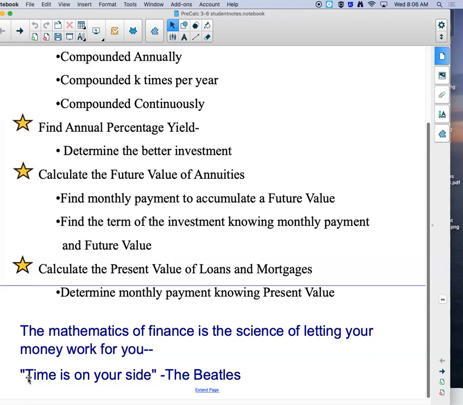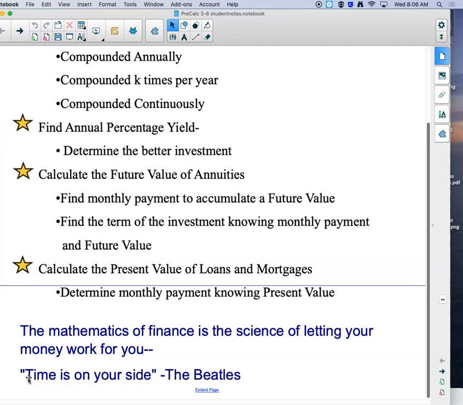We just have a couple of chunks to our objectives here that we need to complete, and that's going to be calculate the future value of annuities. And annuities, really that language for many, many years was just used for situations where somebody won a large settlement in a lawsuit, and it might be an insurance case of one type or another. But annuities more and more are starting to describe any type of retirement funds that people have. So we want to find the monthly payment to accumulate a future value, how much money you want in the future.